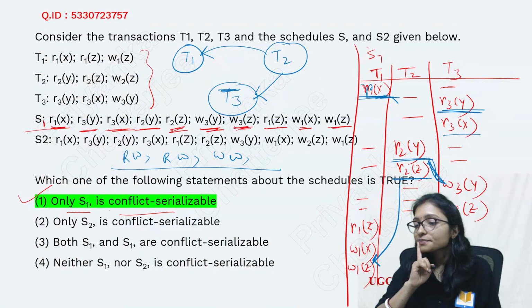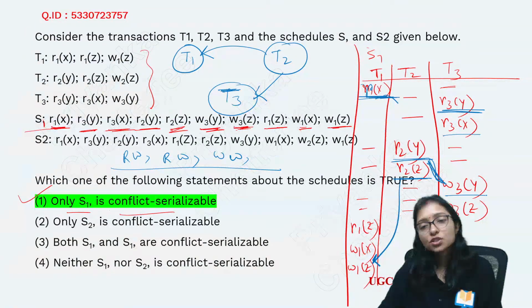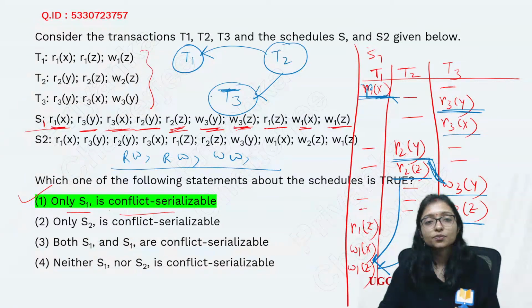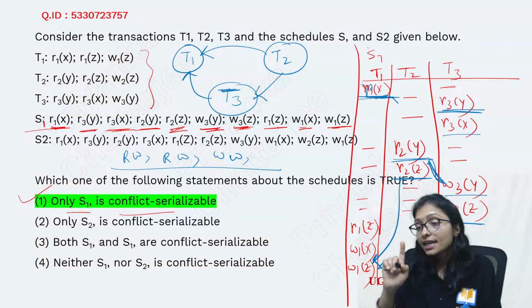After this one you can see here it is Y. Is there anyone doing an operation on Y? No. Here you can see W3Z and here it is doing on Z. So here also from T3 to T1 there is an arrow. Is it creating any cycle?